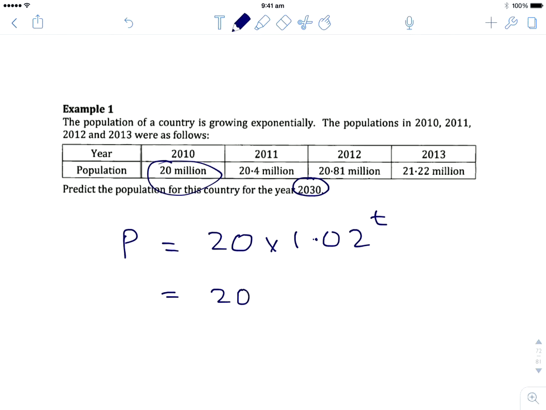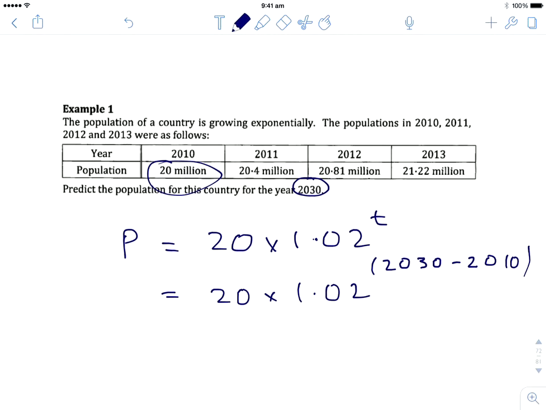So that's going to be 20 times 1.02. Now how many years is that? 2030 minus 2010.